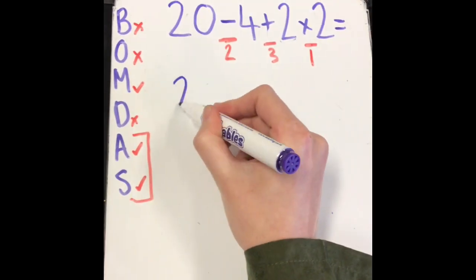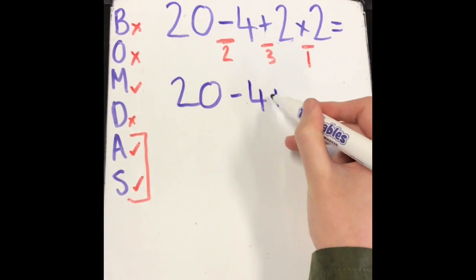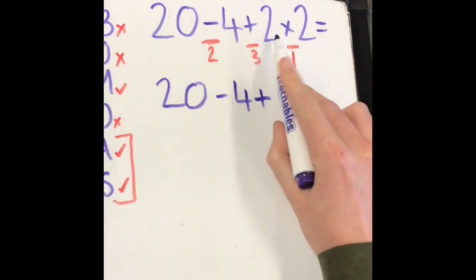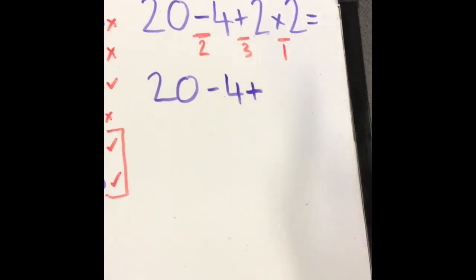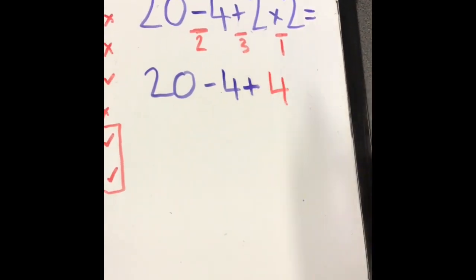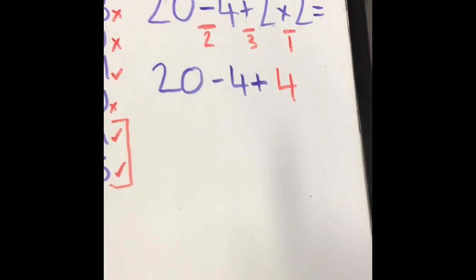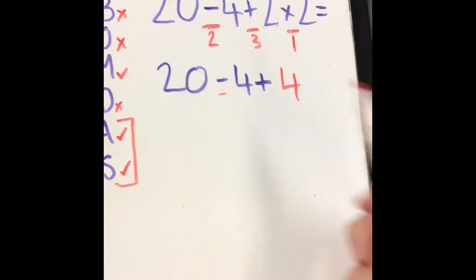So I'm going to write our 20 minus 4 plus, because we know we're going to do our 2 multiplied by 2. 2 multiplied by 2 is 4. Next, let's remember we are going to do our subtract.